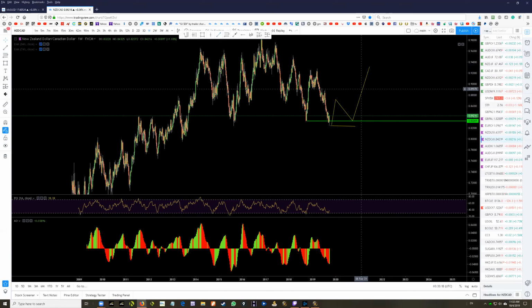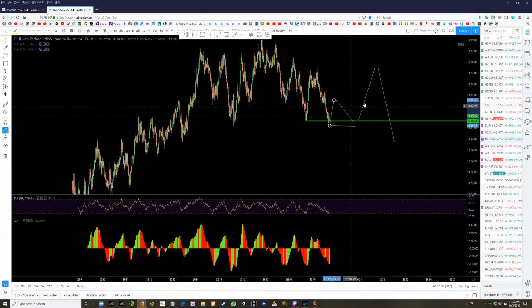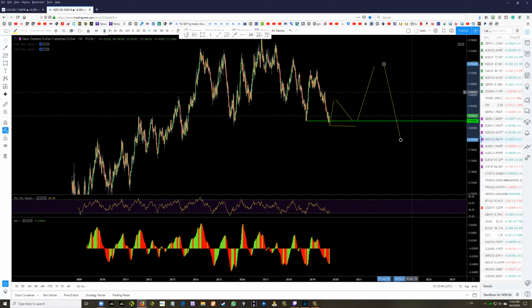A move like that would be very good because why? A move like that would mean that you can actually earn once, you can actually earn twice, and then once that is done, if this one could come back down again here, this move and this move will make a lot of money because these are all impulses, right?